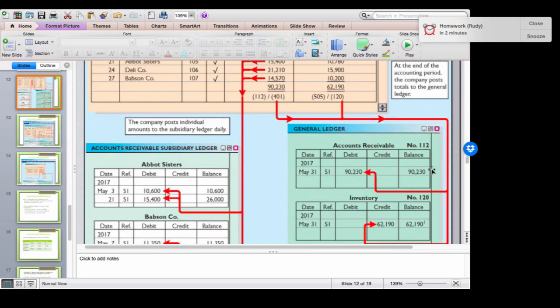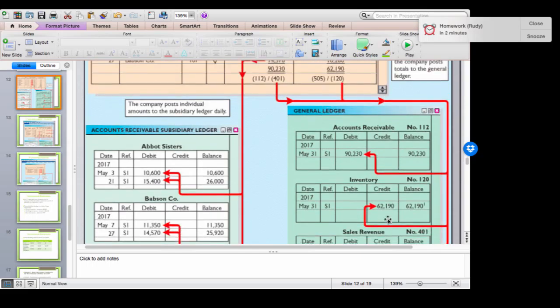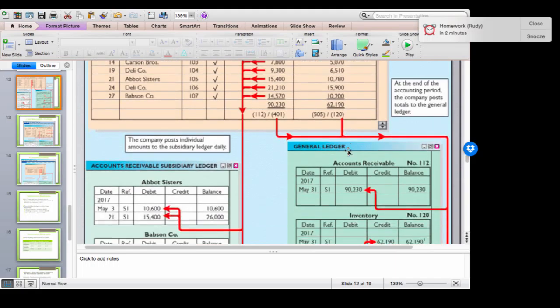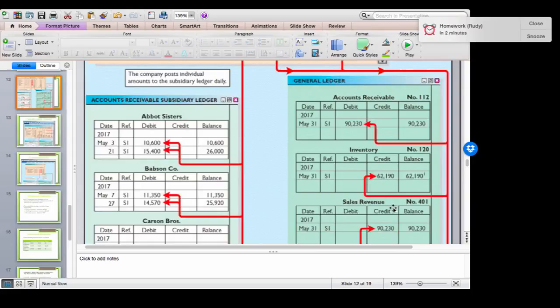You could do the same thing for inventory. You'd know that for the whole entire month, you sold all these supplies to these companies, and it only cost you the amount that you recorded on cost of goods sold. And at the end of the month, you know that of the $90,230 that you sold, it only cost you $62,190, and you know that that's part of your inventory that you have to decrease now because it's gone.